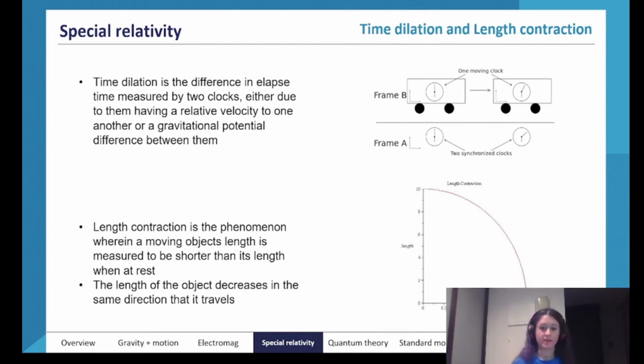What I mean by that is if you're moving faster relative to somebody else, so say you travel in a spaceship to really, really far away, you have traveled faster relative to somebody who isn't on a spaceship, right?